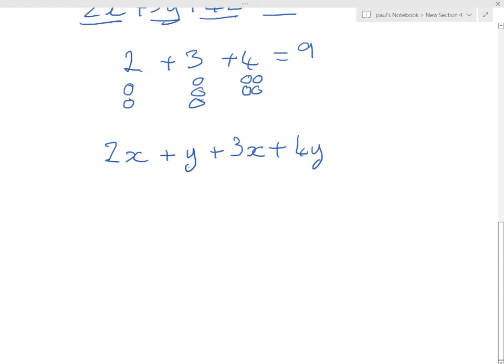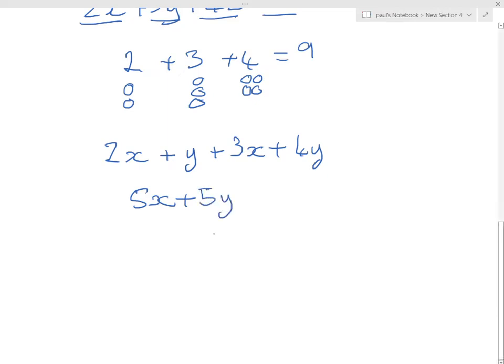Now, collecting like terms means looking through all the different terms to see which ones are exactly the same as each other. So here we've got some x's, so we'll add the x's together to give 5 of them. And you've got the y's, so we've got 1y there and 4y's there, so that would be 5y.